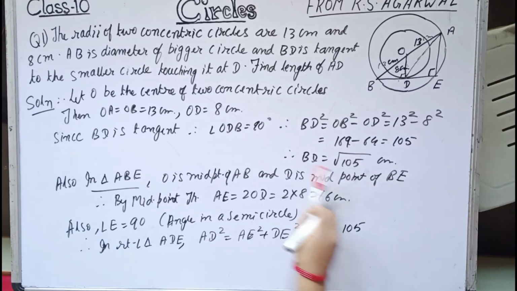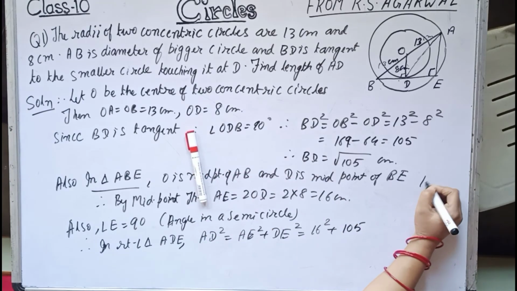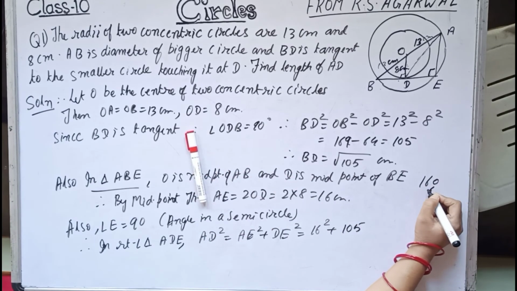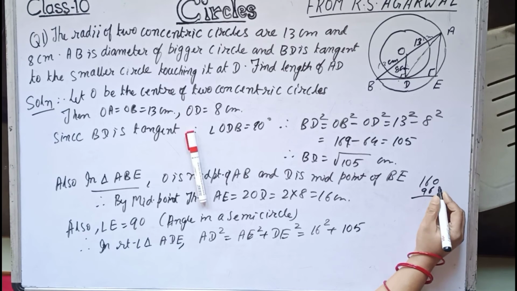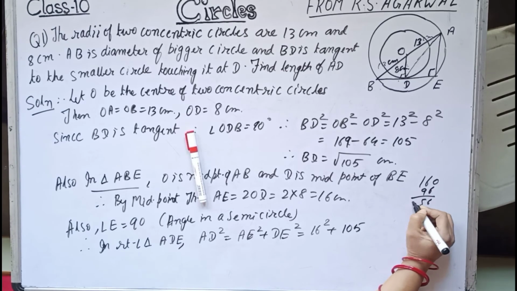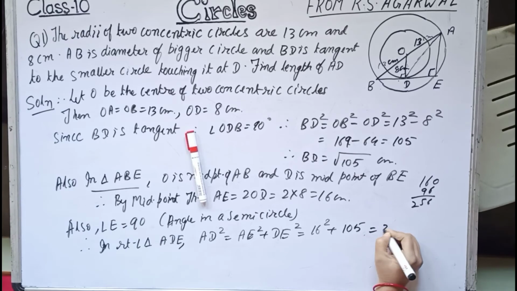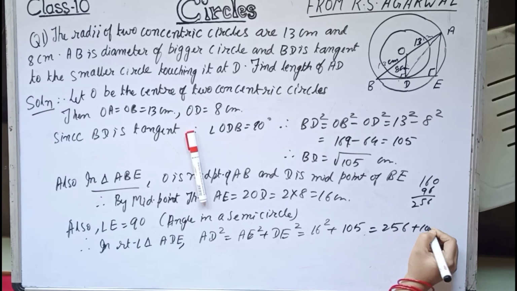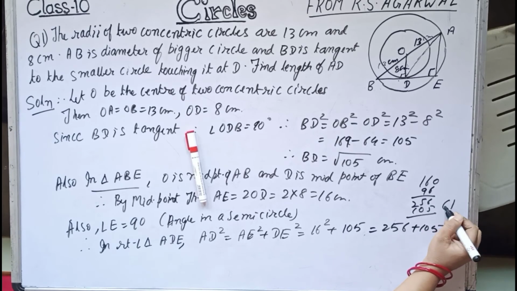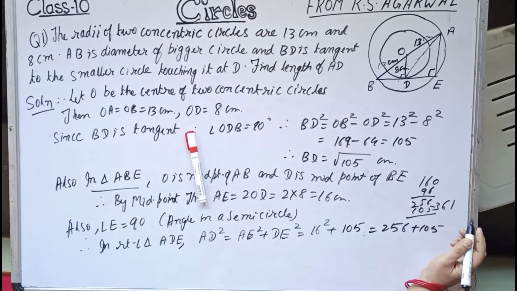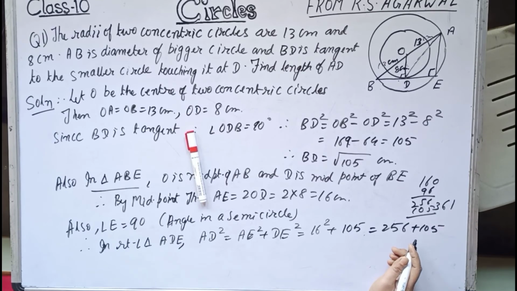Now 16 square is 256. So 256 plus 105 equals to 361.